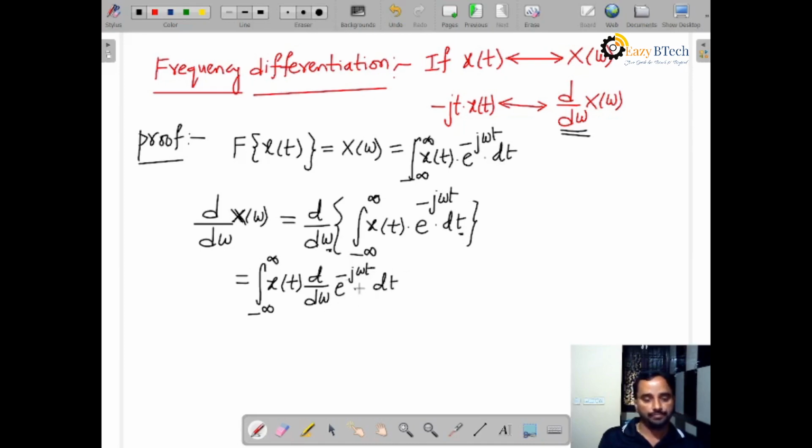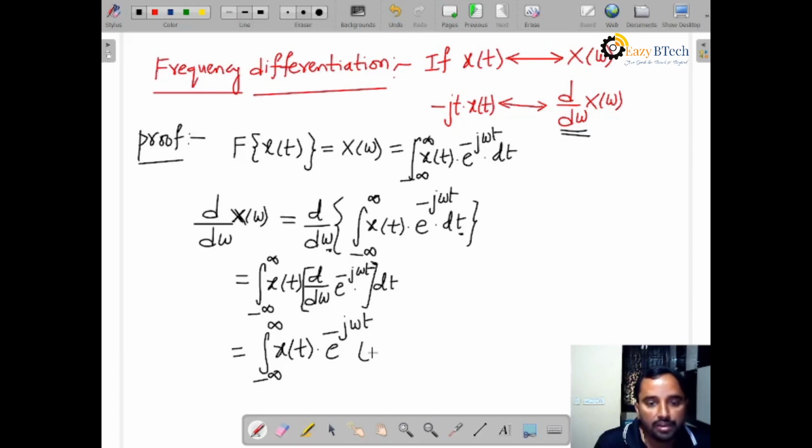It's clear. So do the differentiation of this, you can keep brackets for clarity. The differentiation of e power minus j omega t gives the integral from minus infinity to plus infinity of x of t into the same e power minus j omega t and minus jt, right or not? Differentiation is with respect to omega, so minus jt dt. So all are t terms, no one will go out. Then I am rewriting, rearranging like this.